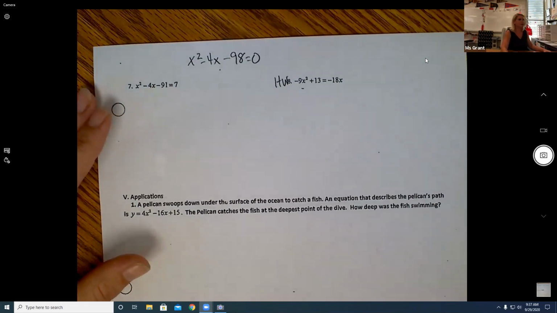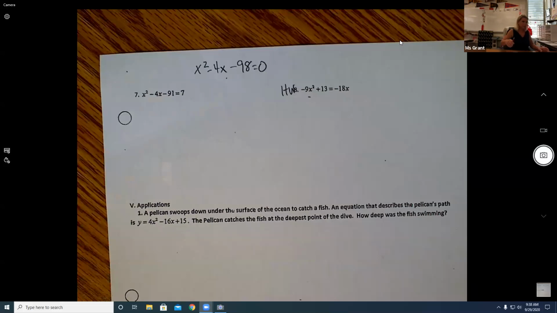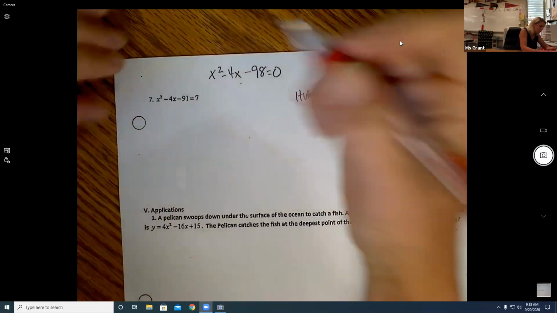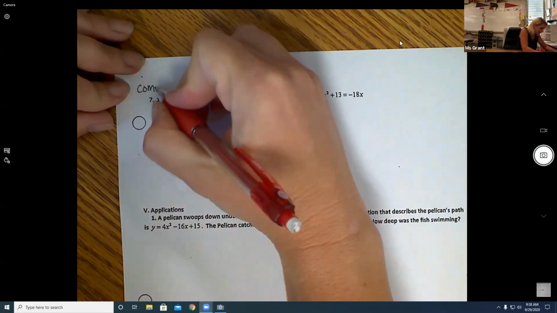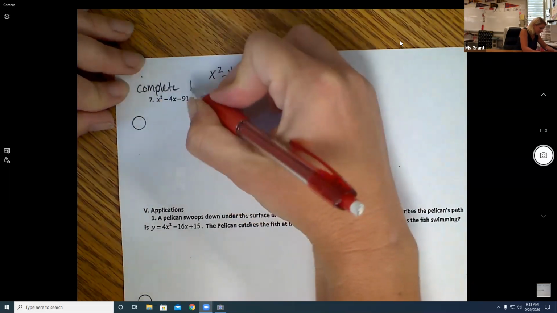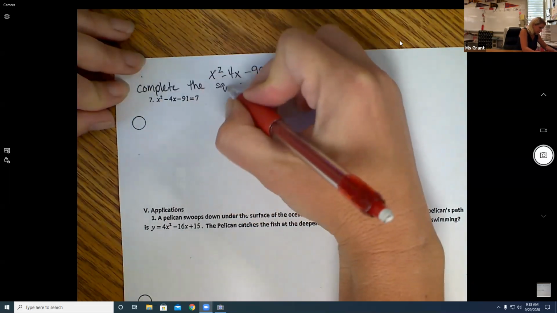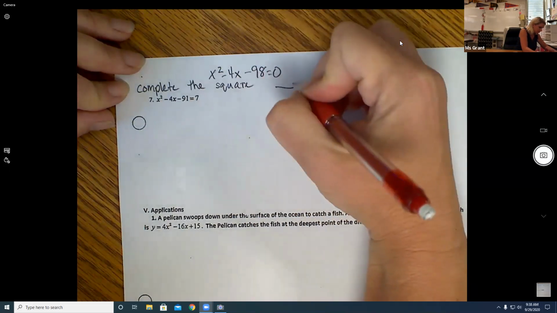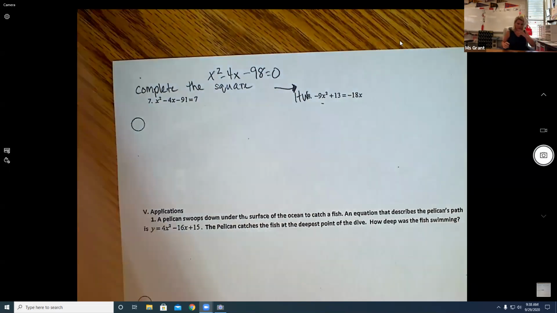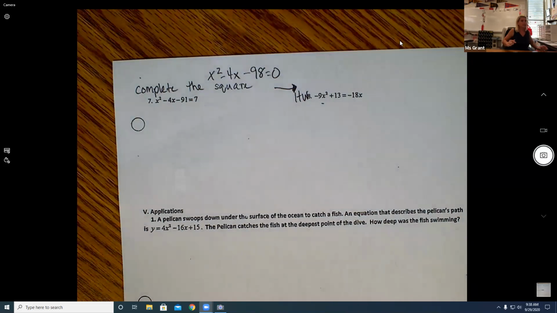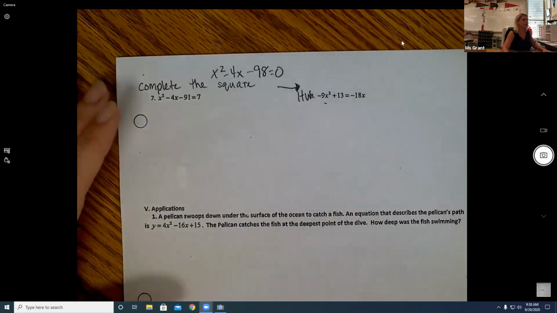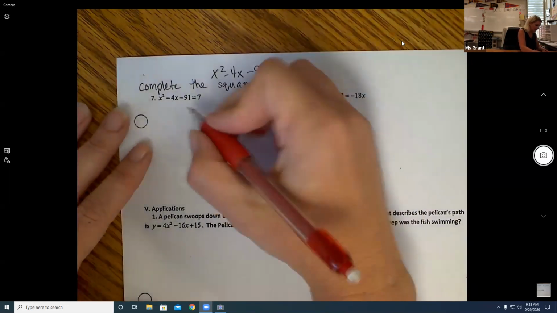Let me pause the video and so we're going to have to complete the square. So that would be for 7 and 8. So make sure you do it for number 8 as well, that you complete the square. Okay, so let's add 99, I'm sorry, add 91 to the right side.